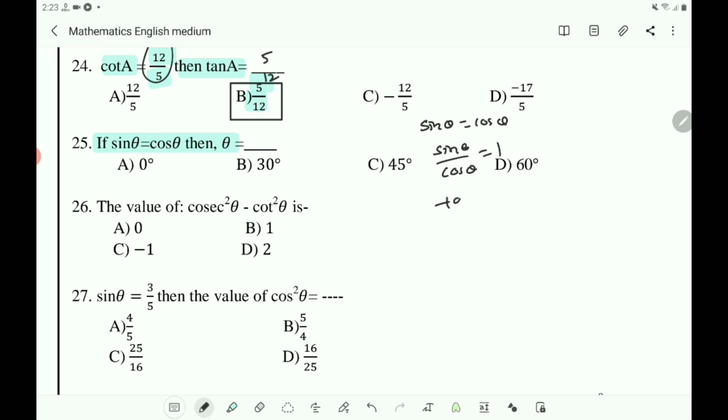So you get tan theta equals 1. Then tan how much is 1? You know that tan 45 degree is 1. Then theta equals 45 degree. Then what is the answer? Option C is the answer. Note down the answer. Option C.